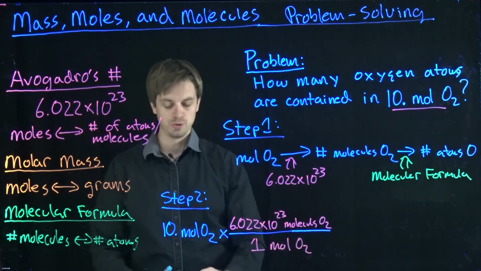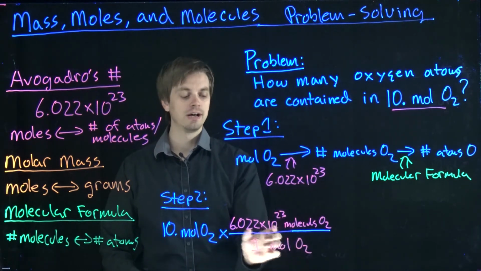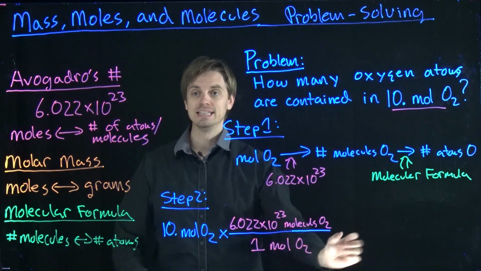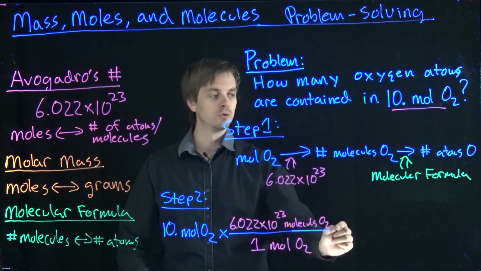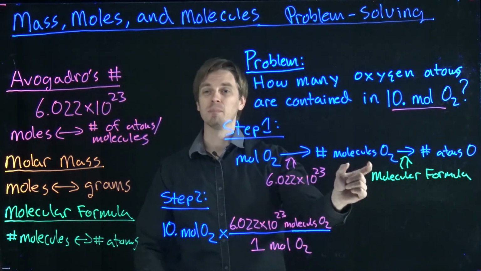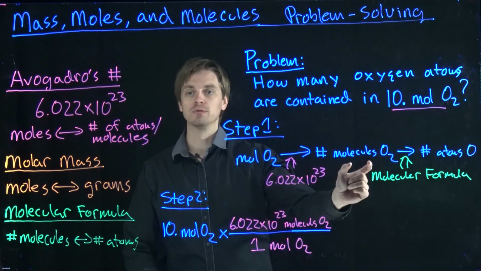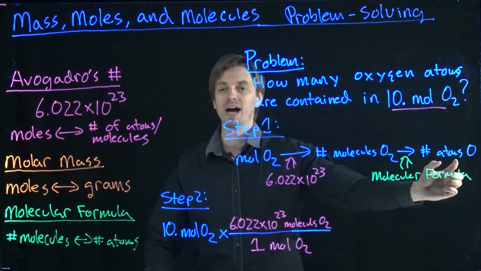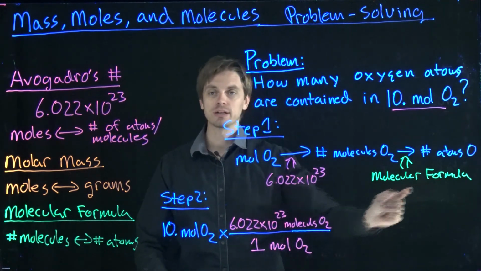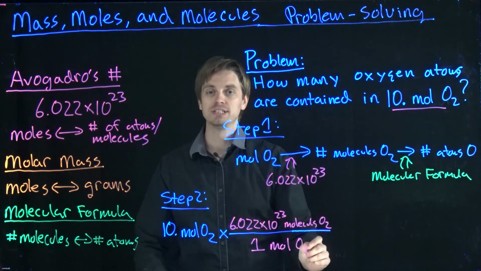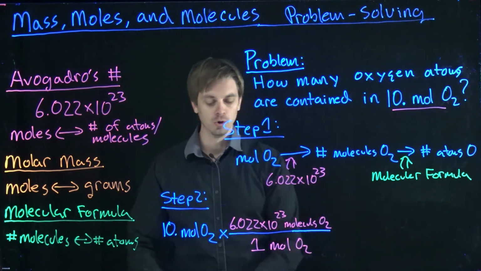we're going to have moles of O2. So the moles of O2 are going to be canceling out, and after carrying out this step in the calculator, we're going to be left with numbers of molecules of O2. Now, our second step, we need to convert from molecules of O2 over here to the number of atoms of oxygen. The conversion factor we're going to need in that case is the molecular formula itself. In this case, it's a relatively simple molecular formula, simply O2.